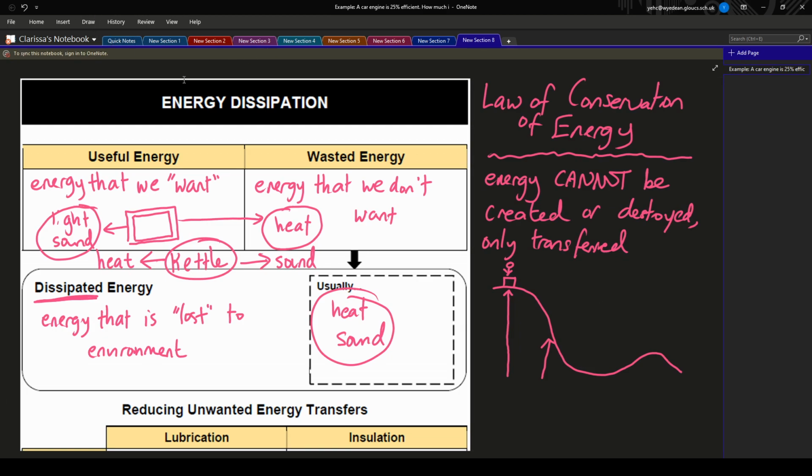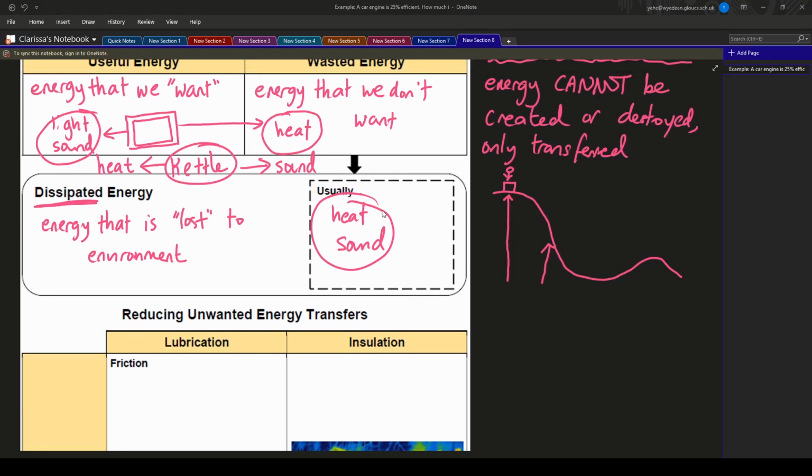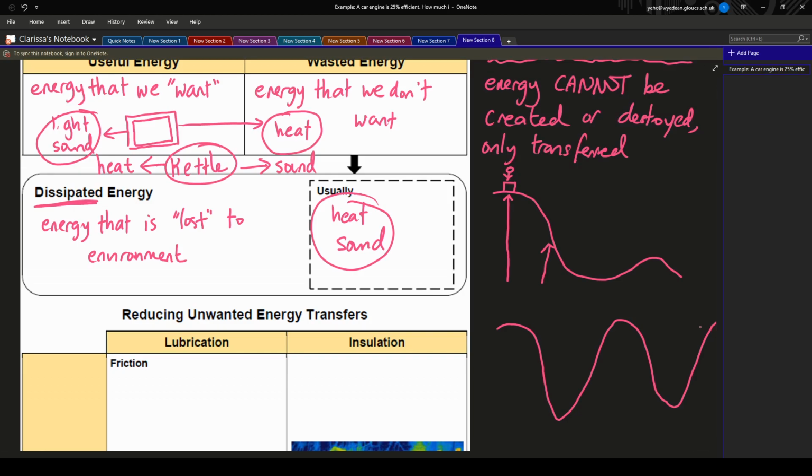If no energy was lost, if all of it was still kinetic or gravitational, theoretically, a roller coaster could have the same exact heights. Each peak of a roller coaster could be the same exact height.